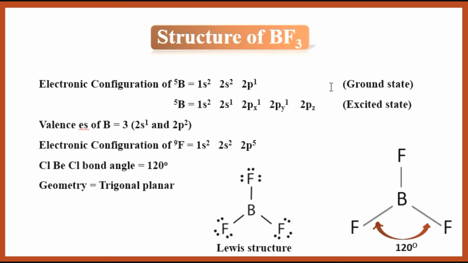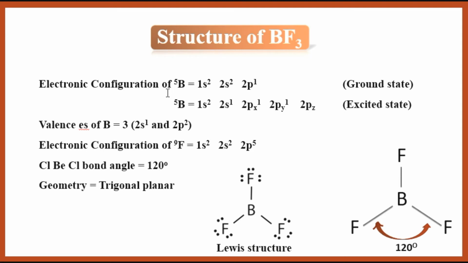In this case, the boron atom that acts as the central atom is attached to 3 fluorine atoms. To accommodate these 3 fluorine atoms in the form of 3 bond pairs, we see the electronic configuration of boron at its ground state.